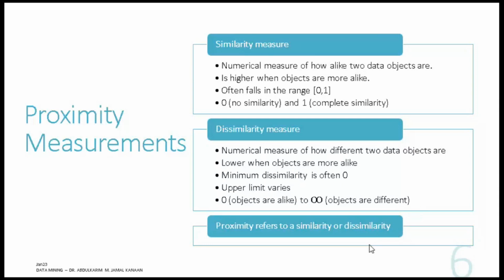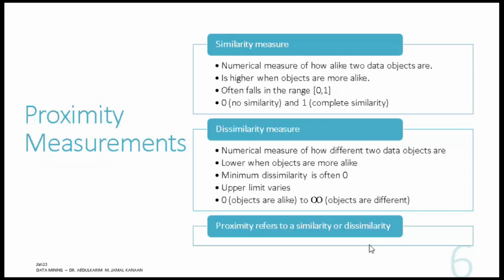In other words, if you like to put it in the same terms, it is higher when objects are more dislike, more different. I think it's better if you put it in the same terms, but this is correct. So higher when the objects are more dislike, in other words, lower when the objects are alike.